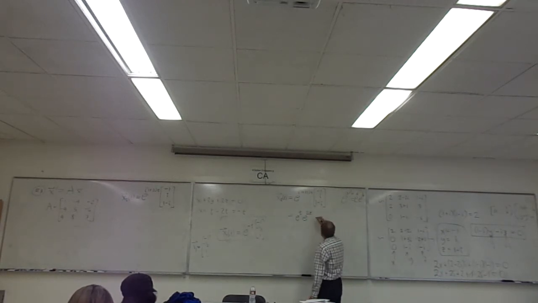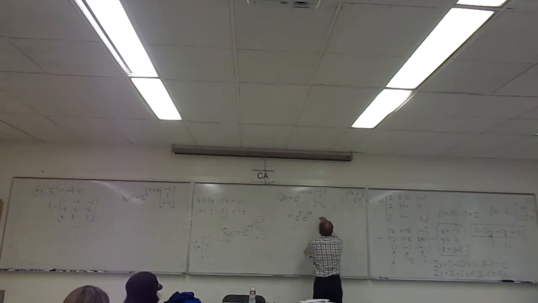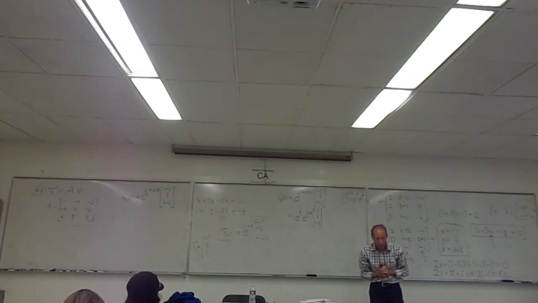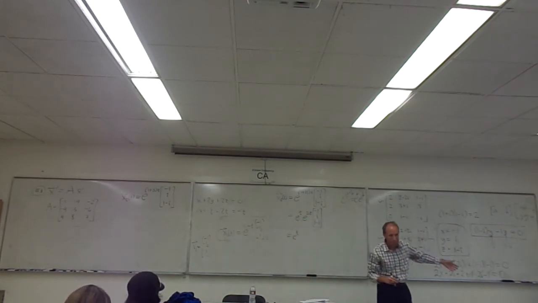Right? And then the other thing I want to do, at the same time, is split up this vector as well. Maybe I'll do that in the next step, actually. So let me just leave it the way it is for one more moment. I split up my exponential function, and I recopied the same vector down again. Now on the next step, e to the t, we're going to be carrying that through all the way.